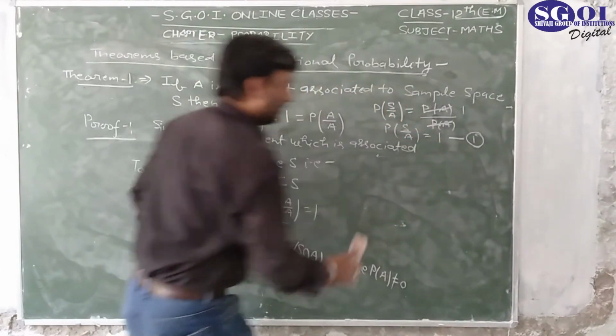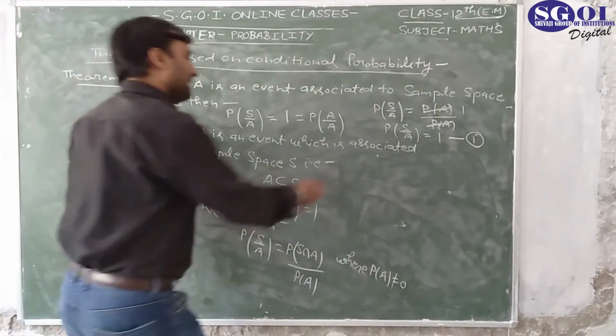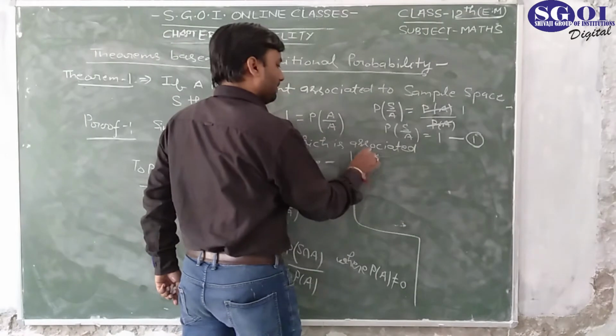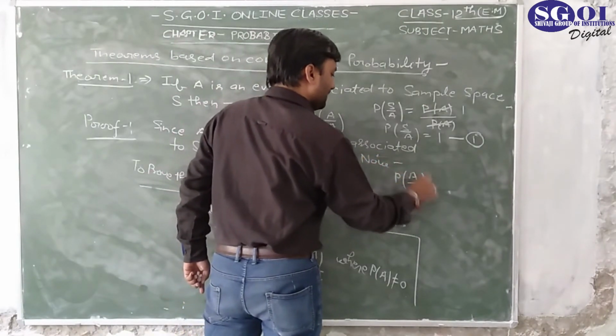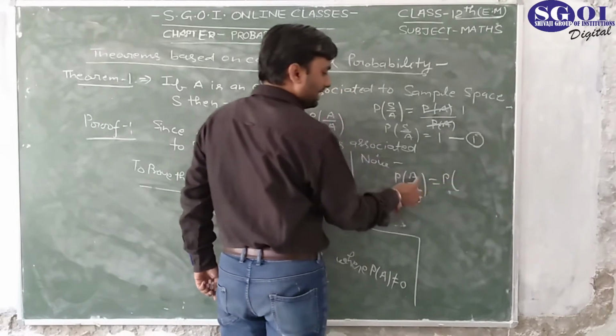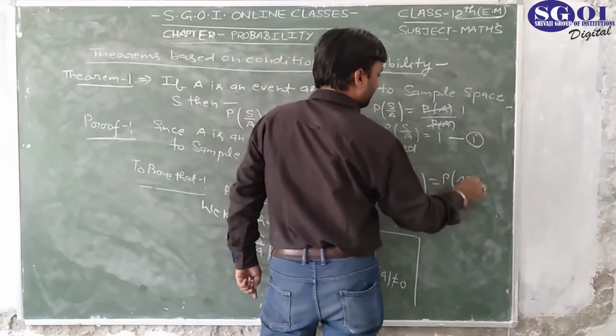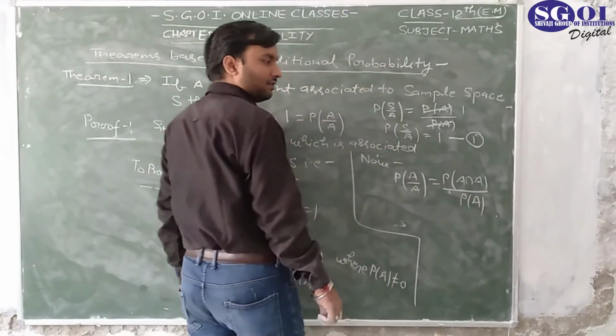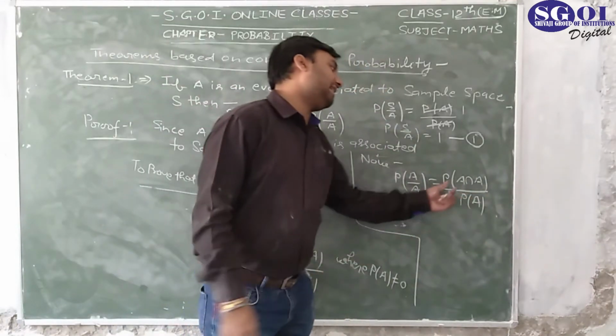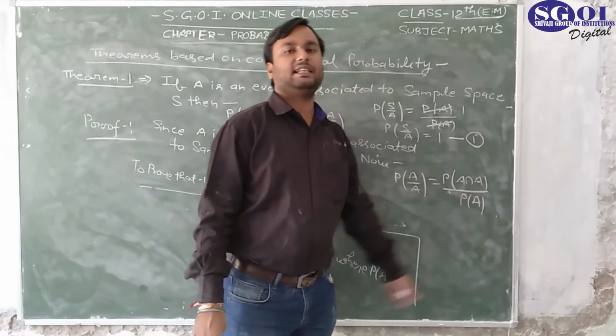Now, what is the formula of probability A by A? Probability of A by A is equal to probability A intersection A upon probability of A. So, what is the intersection of A with itself?